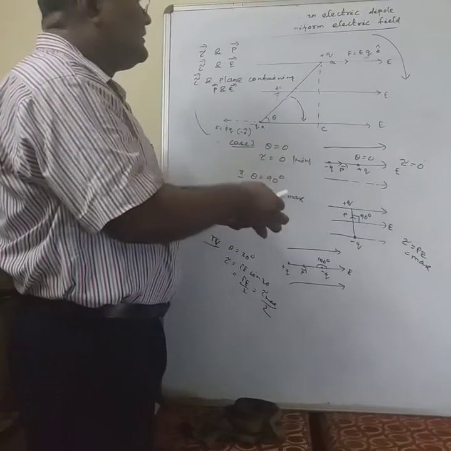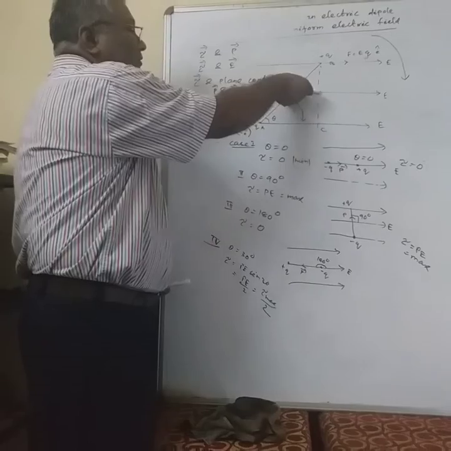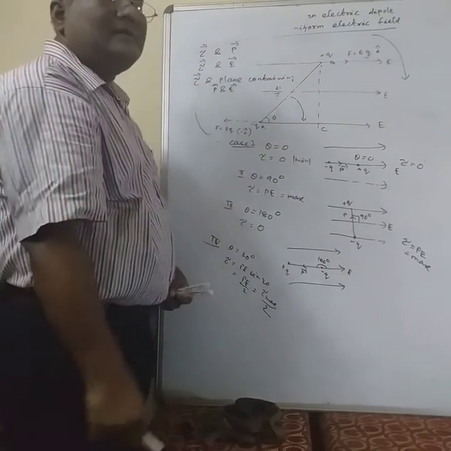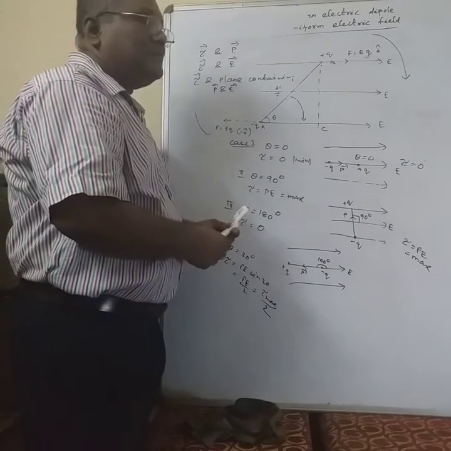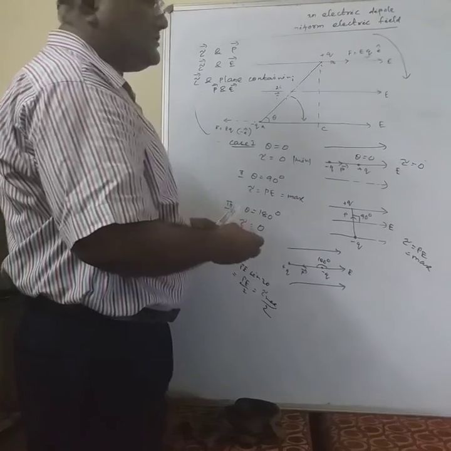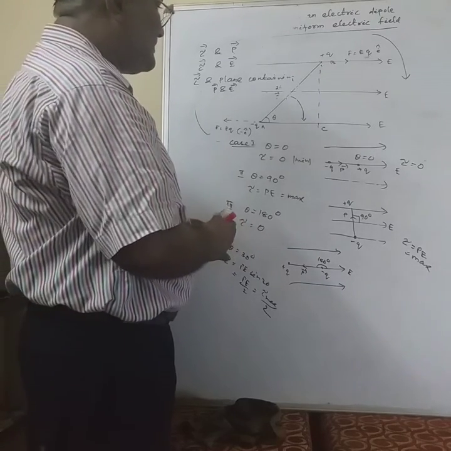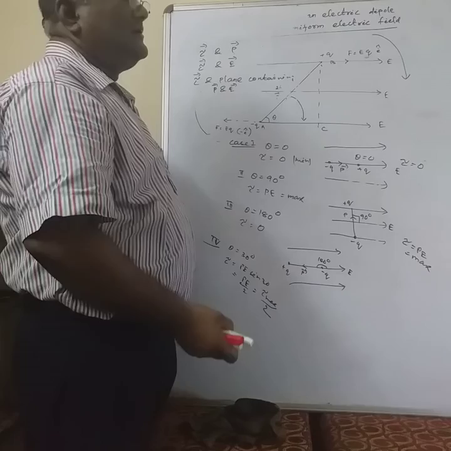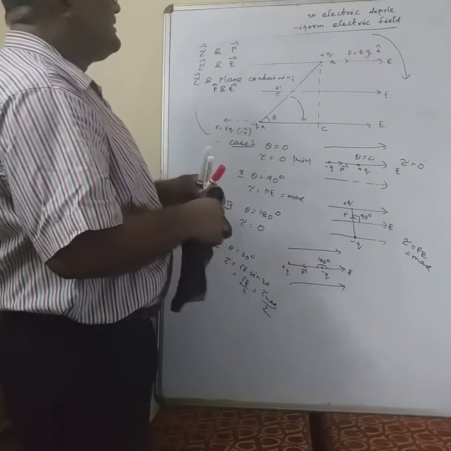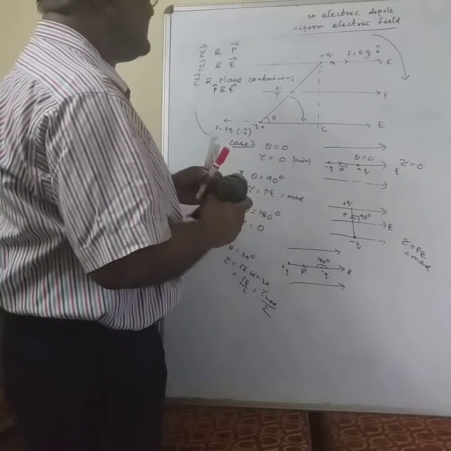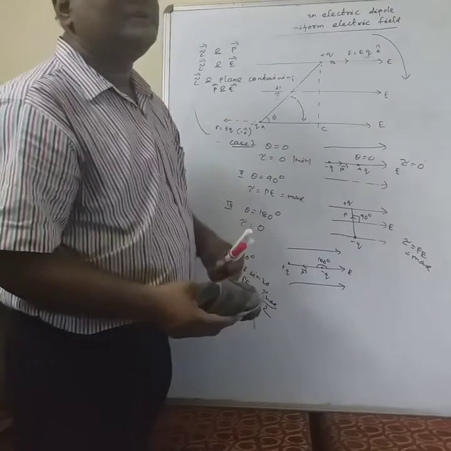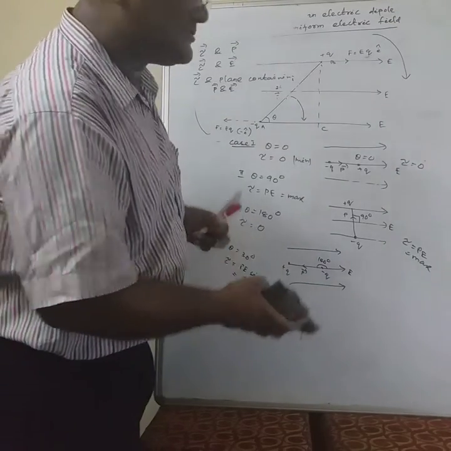So it will go on rotating like this, provided the dipole is free to rotate and there is no loss of rotational energy, then it will go on oscillating. So the dipole will go on oscillating till it comes to rest, till it is damped. After damping, it will come back and remain along the direction of the electric field and become stable.